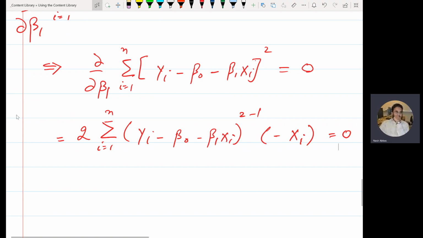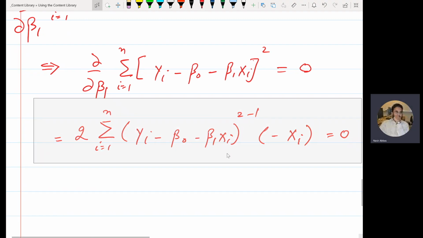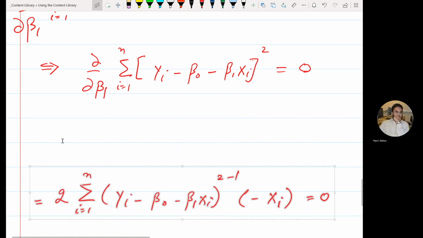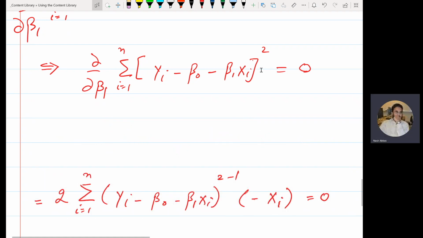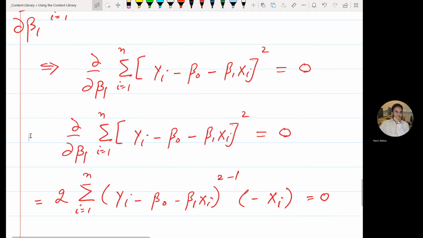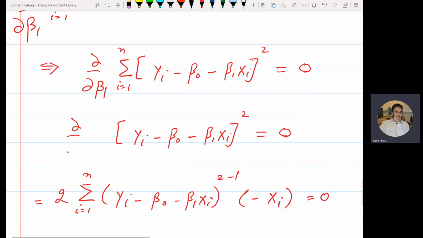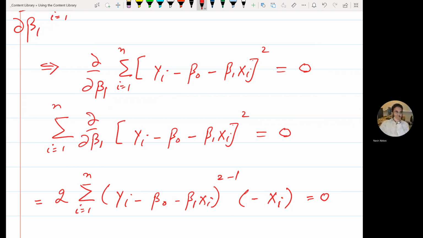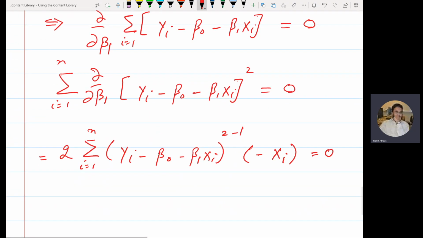Let's do one more step in between. What I did, step by step, is I took the derivative inside the summation. Clear? Then 2 will come down.